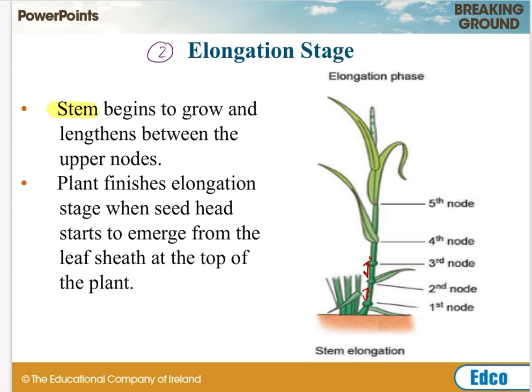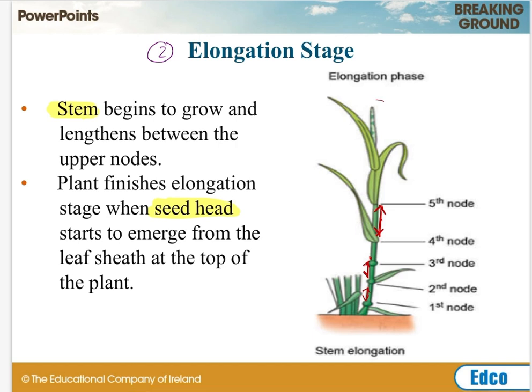And lastly, as we go to our fourth, fifth, sixth node, the distance between them is still increasing. We know that a plant has finished its elongation stage when the seed head develops. When the seed head emerges from the top of the leaf sheath of the plant, we know we've left our elongation stage and moved into our reproductive stage.